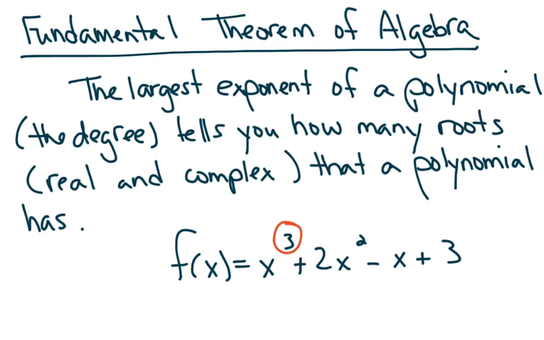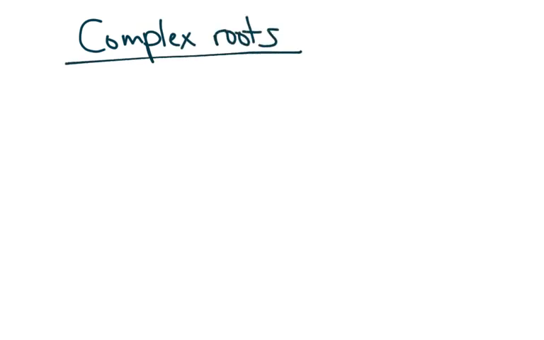The problem is not all the solutions are real numbers. Sometimes they're imaginary numbers. So we're going to go back and we'll discuss a little bit about imaginary numbers, but the nice thing about the imaginary or complex roots is that they always came in pairs. Complex roots were of the form a plus bi. And if a plus bi was a root of a polynomial, so was its conjugate, a minus bi.